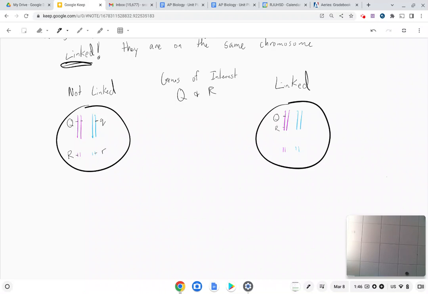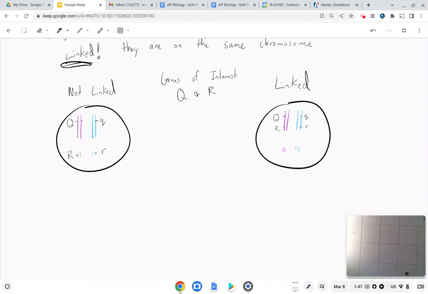The reason they're linked is because they are a package deal. They come together. They move together. They're linked. And then over here, that would look like that if the paternal copy happens to be recessive.